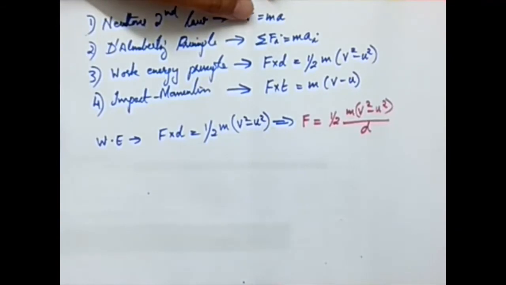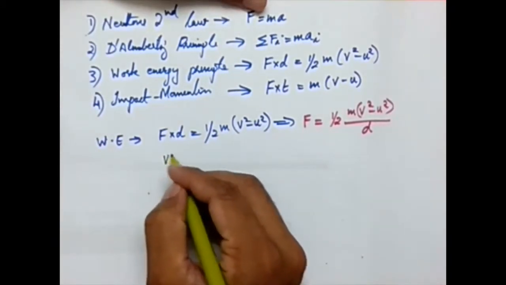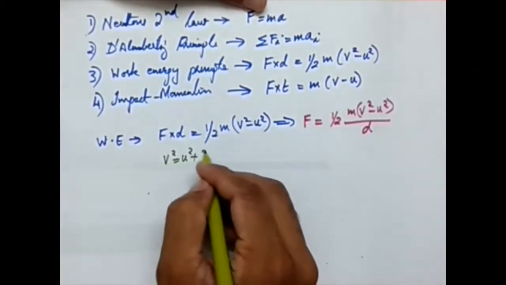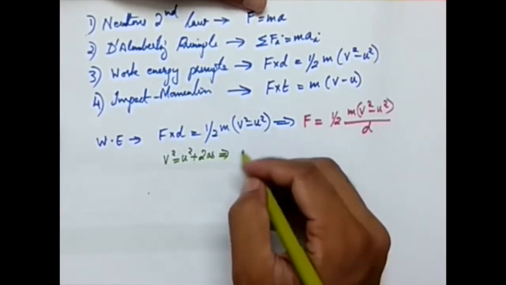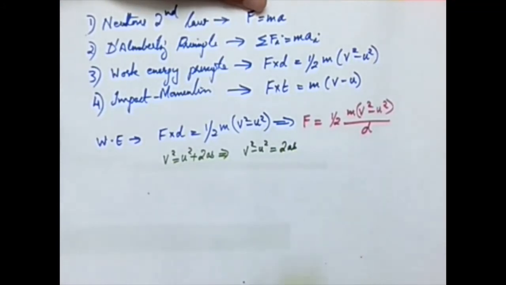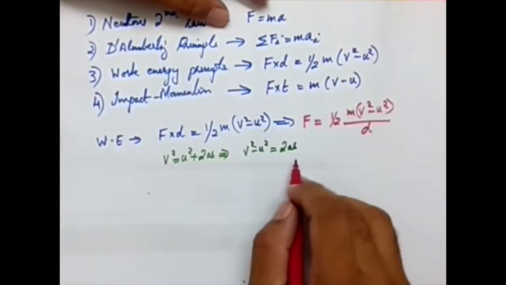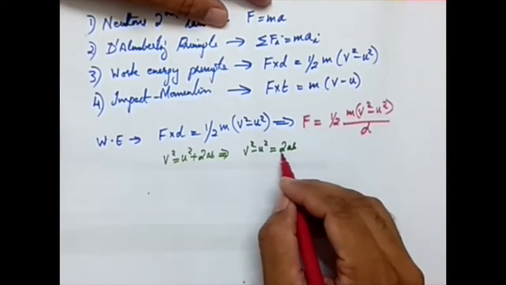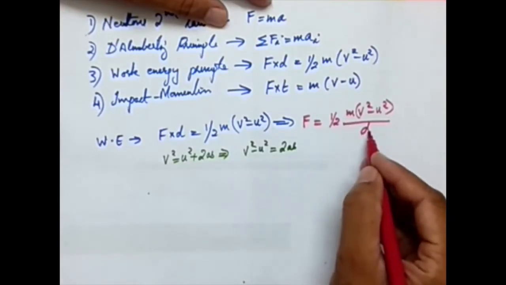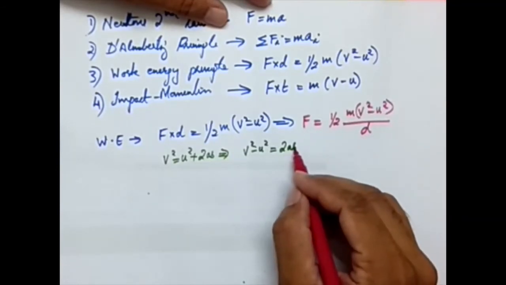And from the basic equations of motion, we have v square equal to u square plus 2as, which implies v square minus u square can be represented as 2as, where s is the displacement. So when we substitute v square minus u square with 2as, I'm converting s into d, the displacement.